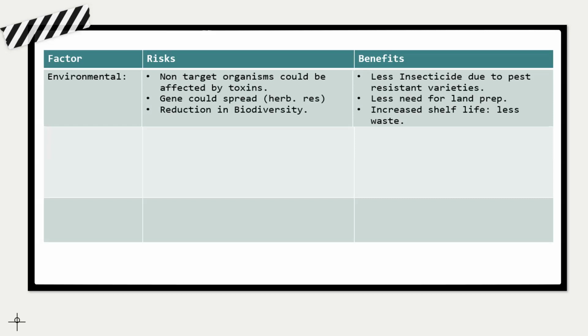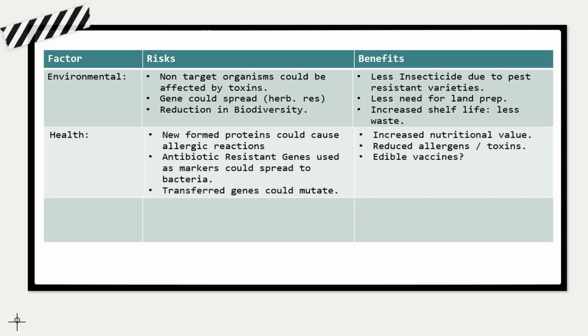You don't need to plough the land, you don't need to do any other land operations, because you can plant your crop and then just spray for volunteer weeds and get rid of them. Genetic modification also allows you to increase shelf life, therefore reducing waste from supermarkets and the like.